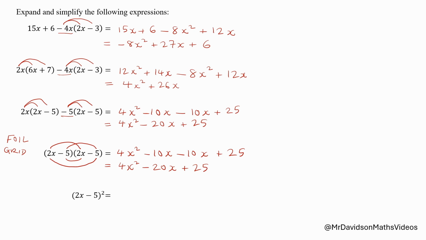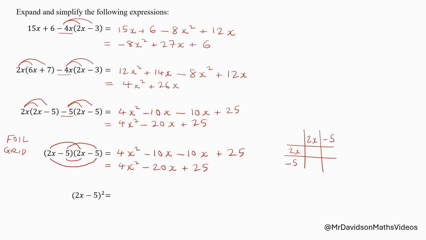I'm going to do the grid method for you now, just to show you how to do that. Literally just draw a noughts and crosses grid. 2x minus 5 and 2x minus 5. Then use this like a multiplication grid.